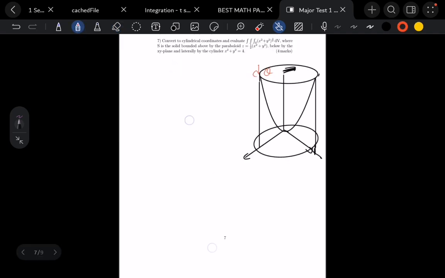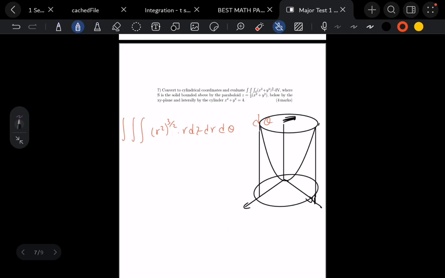So it's going to be an integral of r squared all to the power 3 over 2, times r dz dr d theta. Now, what are your values of z?